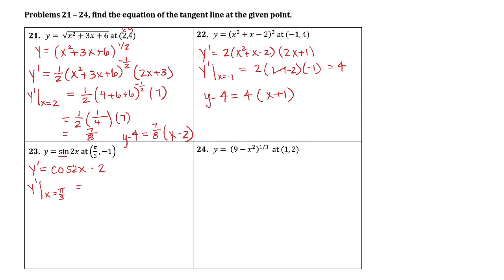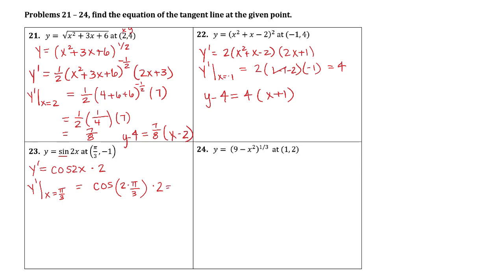So here we're going to have cosine of 2 times pi over 3, and then times 2. And so we need to know cosine of 2 pi over 3. So cosine of 2 pi over 3 is going to give us negative 1/2. Took me a minute to think about that one.